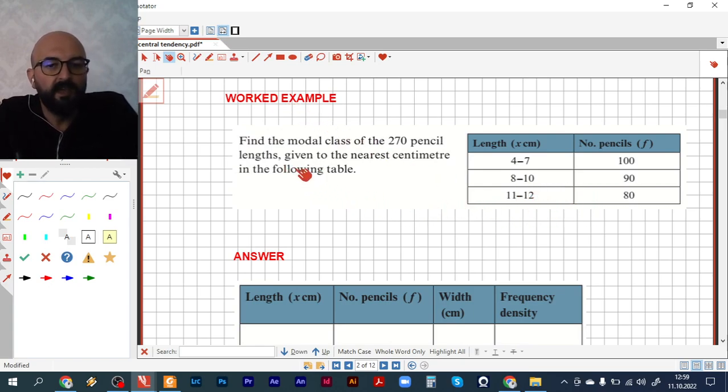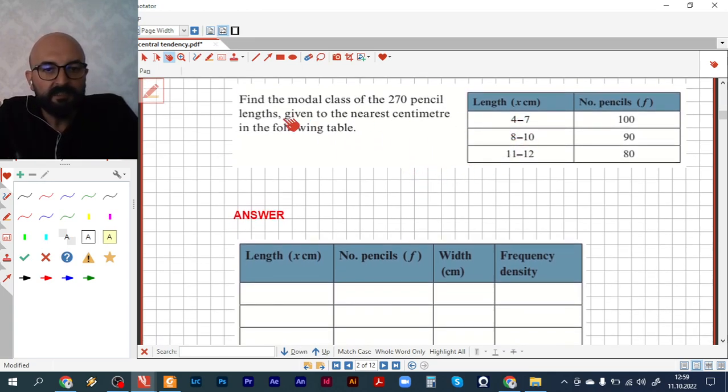For example, find the modal class of the 270 pencil lengths given to the nearest centimeter in the following table. Okay, now in the first group, between 4 and 7 length, we have 100 pencils, but we don't have any information how many pencils are 4 centimeter, 5 centimeter, 6 centimeter.